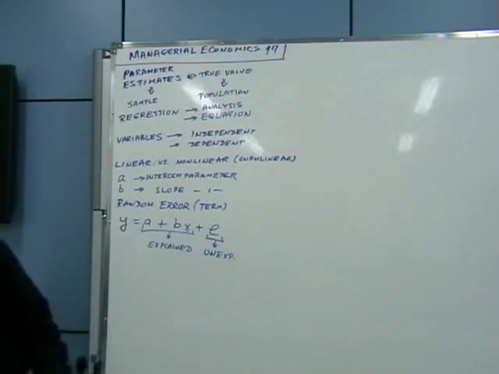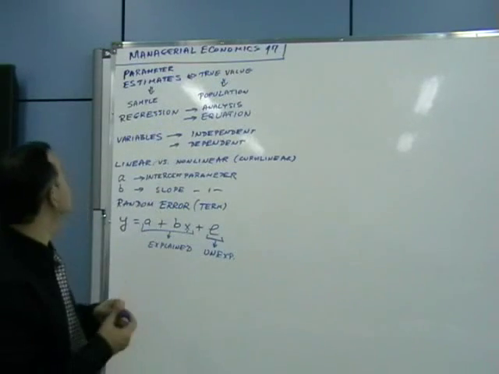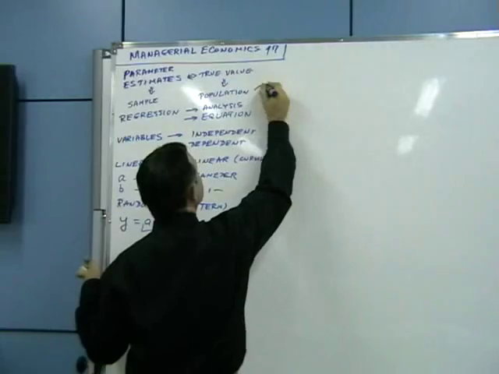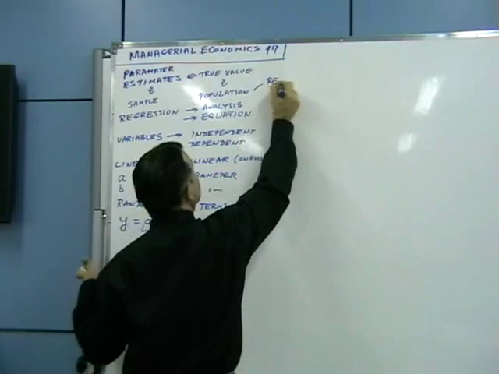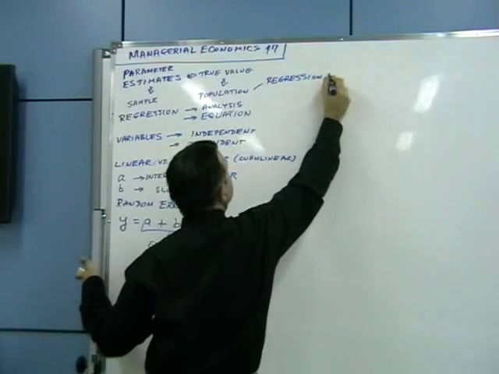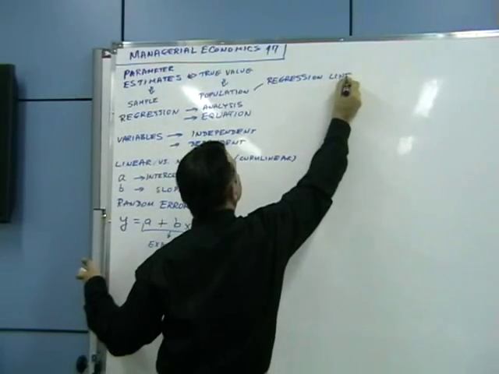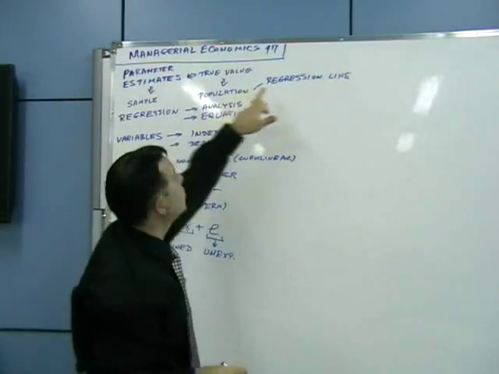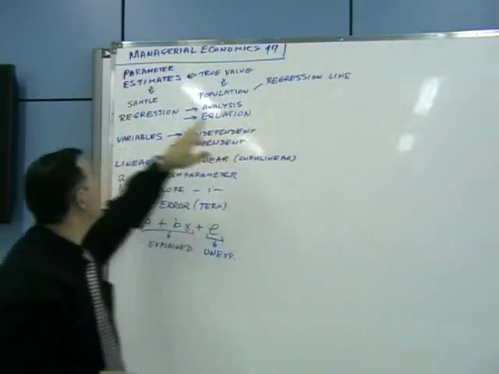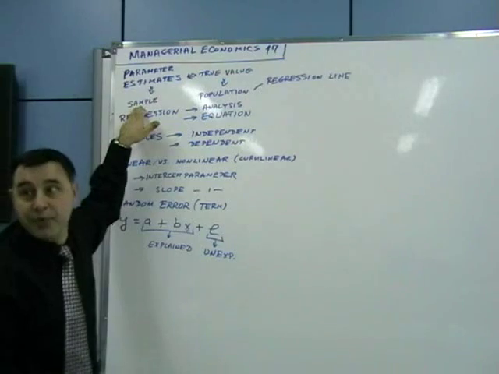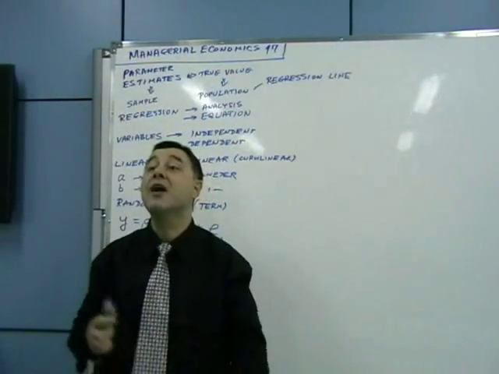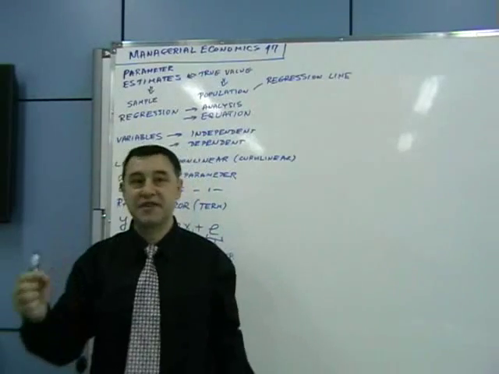Okay, so out of this population and sample, you get a population regression line, which is the true, genuine regression line. And you also get a sample regression line, because the sample will not always be perfectly representative.